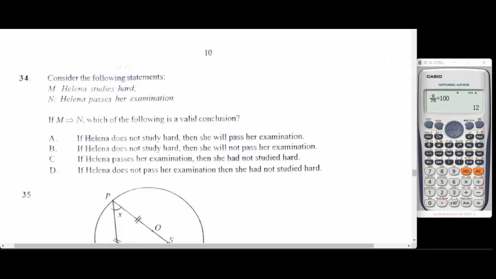Now, what it means is that if M implies N, if Helena studies hard, then she passes her examination.